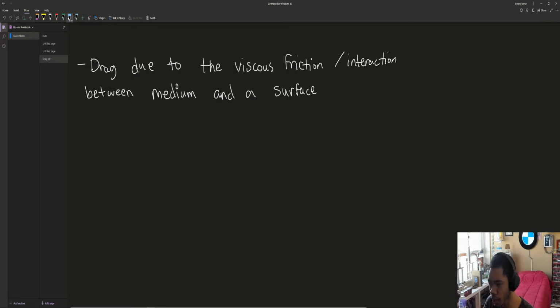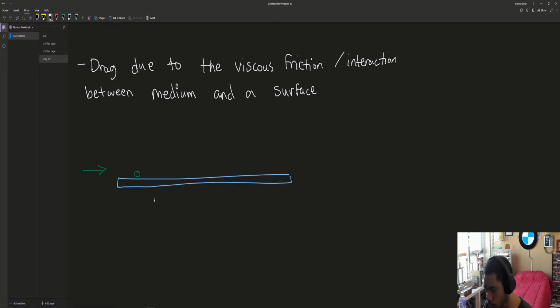So, if you have some flat plate, for example, and we have some flow going over it, there's going to be an interaction between the surface and the medium with this coefficient called mu. This is our viscosity coefficient.